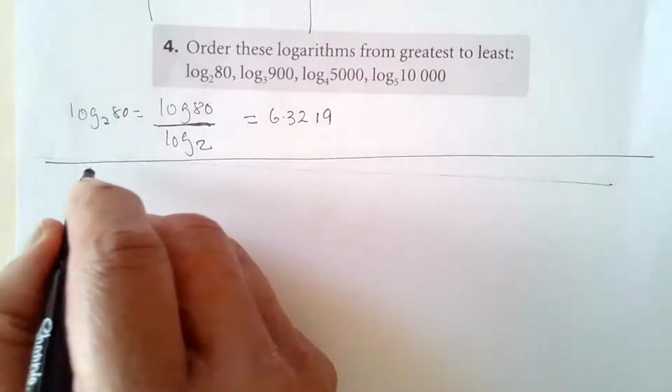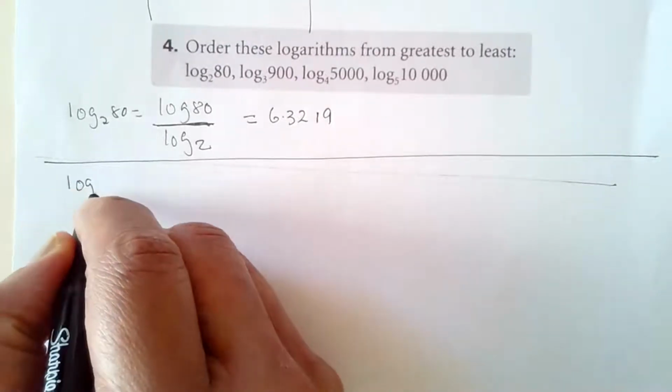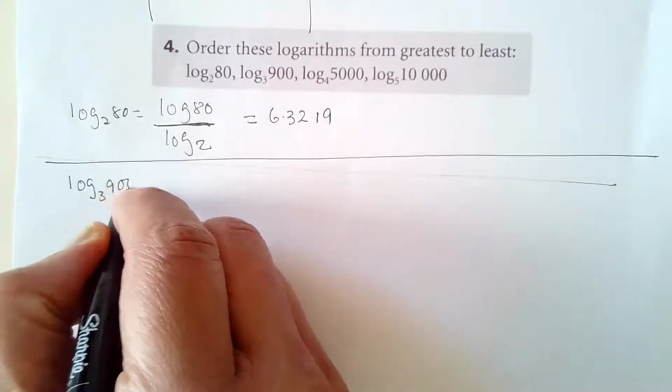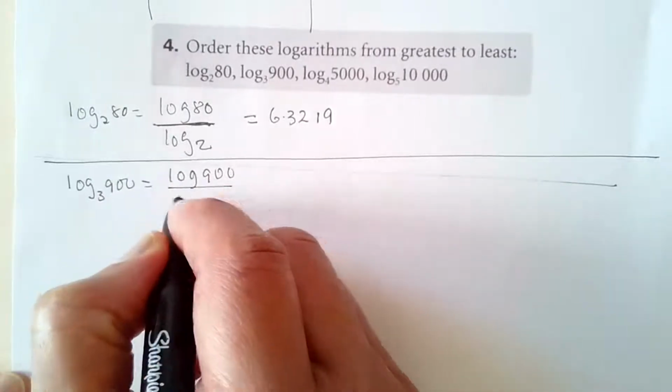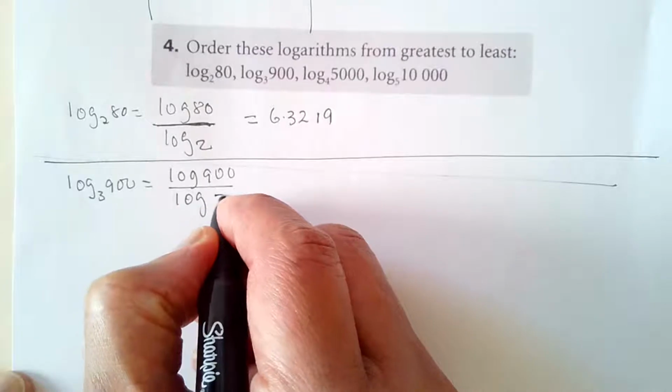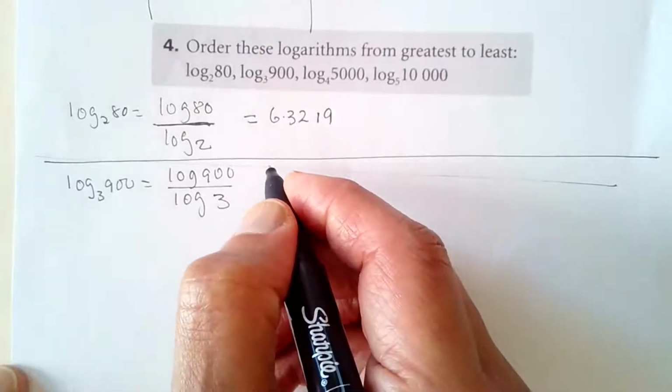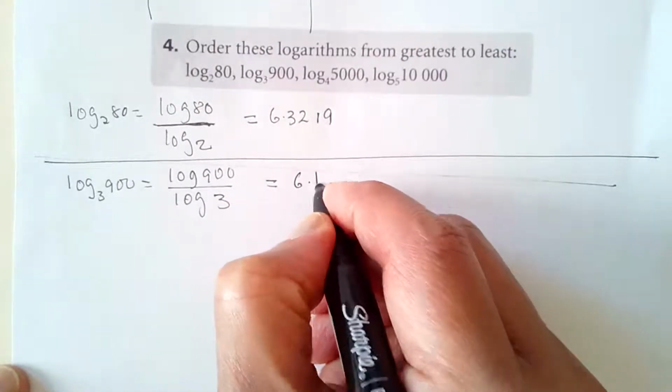Okay, then we have log base 3 of 900, which works out to be 6.1918.